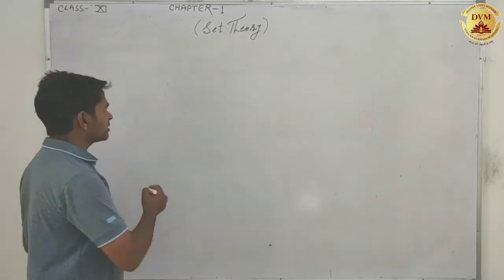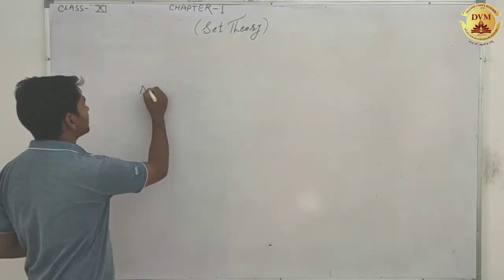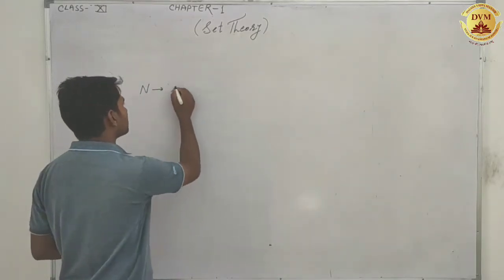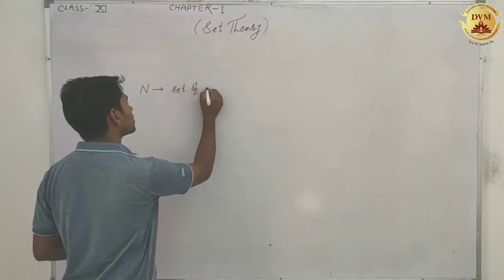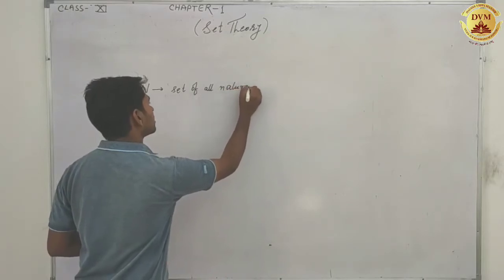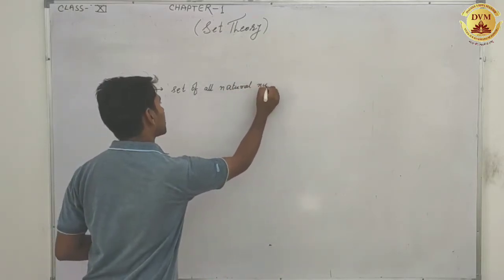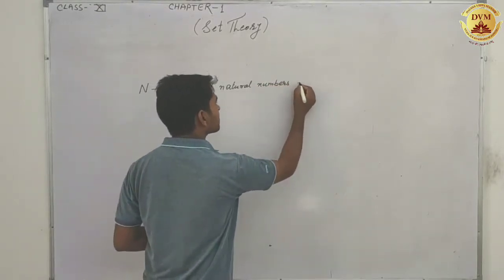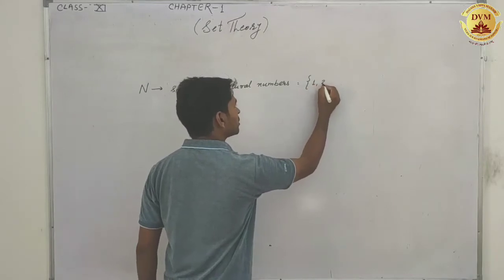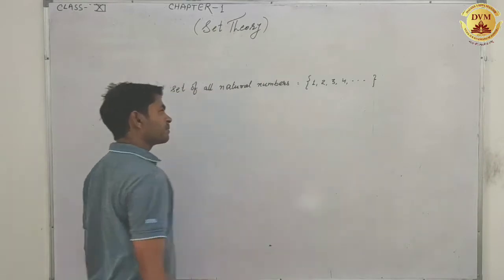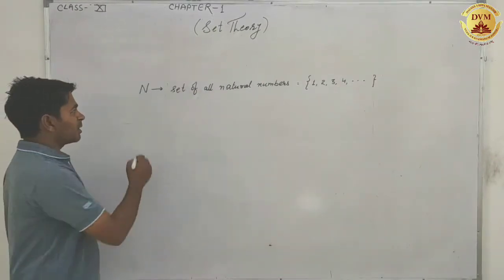The first is capital N, the set or collection of all natural numbers, that is 1, 2, 3, 4 and so on.